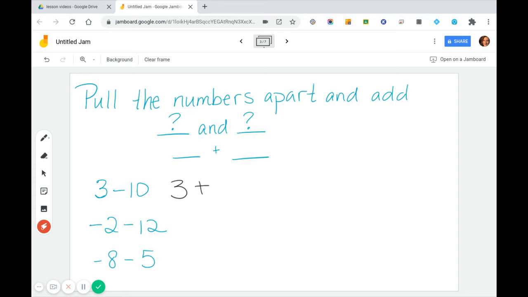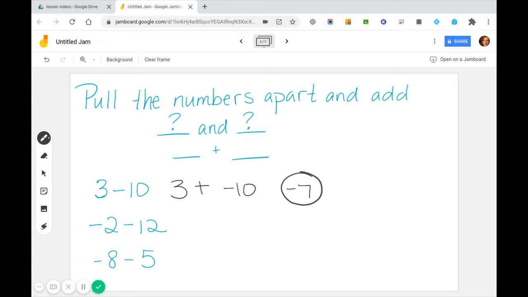If you think about covering the 3, after that, you see a minus or a negative 10. So I have a 3 and I have a negative 10. Now, if you think back to when we learned how to add them, 3 and negative 10, I have more negatives than positives. I have 7 more negatives than positives. So my answer is a negative 7.